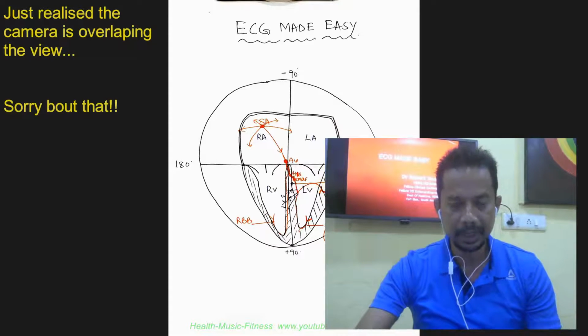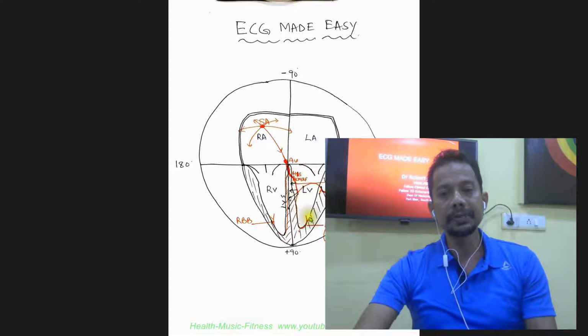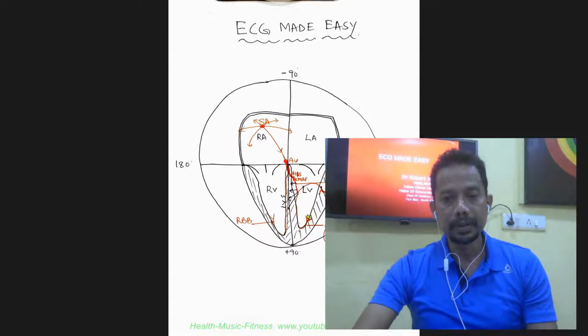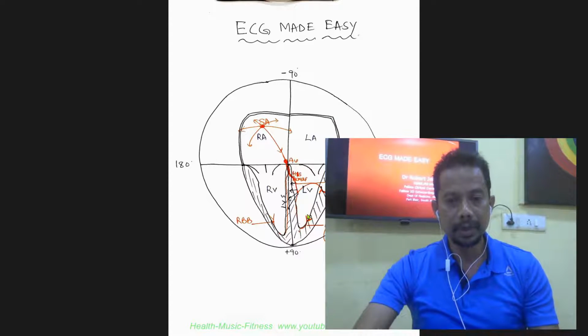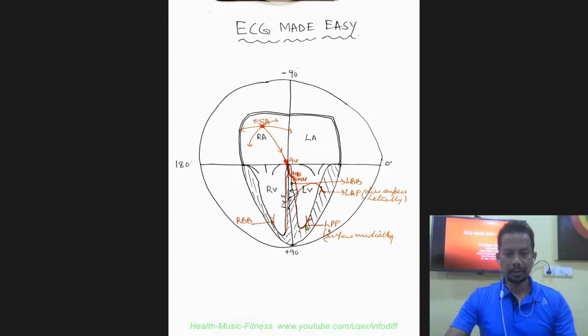I will come to that later on. Then there is this left posterior fascicle which lies inferomedially, and the importance of superolaterally and inferomedially I will come to after some time. So when we will be discussing the various bundle branch blocks, this anatomical location of the fascicles will come into play.